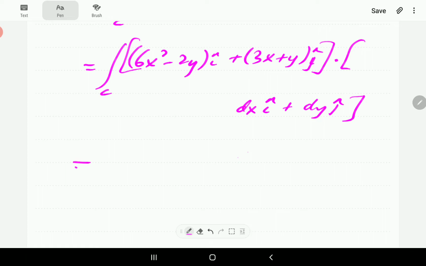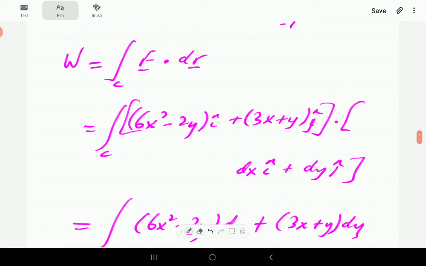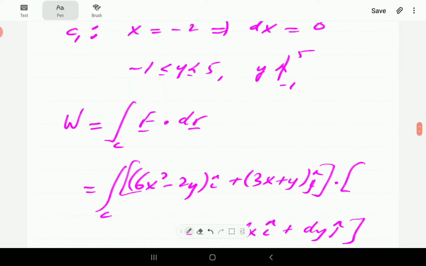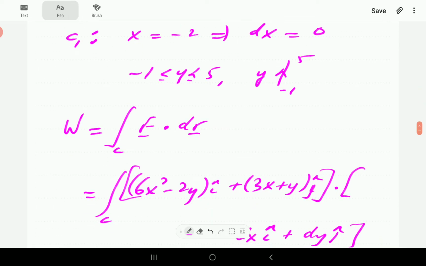Then if we take the dot product, we're going to have (6x squared minus 2xy) dx, and then there's going to be (3x plus y) dy. So that's what the work integral becomes.